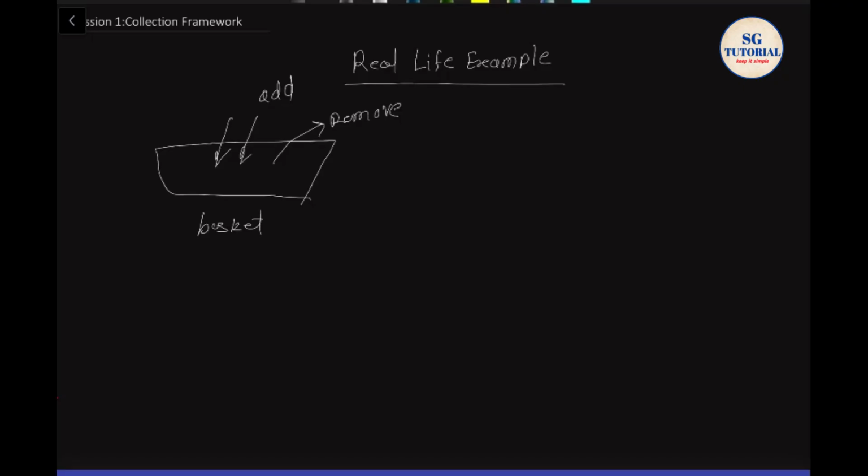And collection works exactly like that. So we can say a collection is a container that stores a group of objects, like a shopping basket stores items, a cupboard stores clothes.